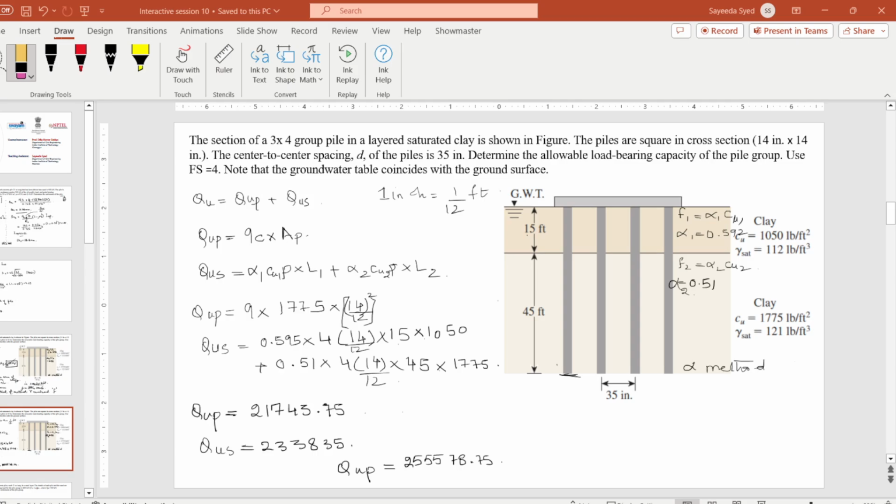And then our pile group capacity will be equivalent to n times number of pile times QU. That's right. This will be equivalent to number of piles are 3 into 4.